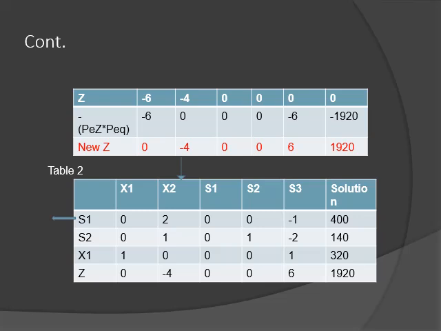The pivot element is 2, the intersection point between the column of x2 and the row of s1. The pivot equation is the result of division of s1 over 2.